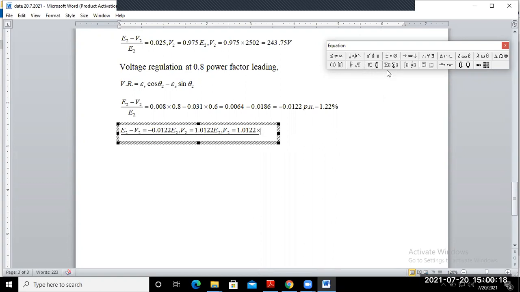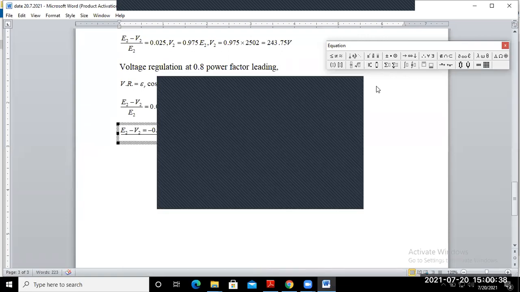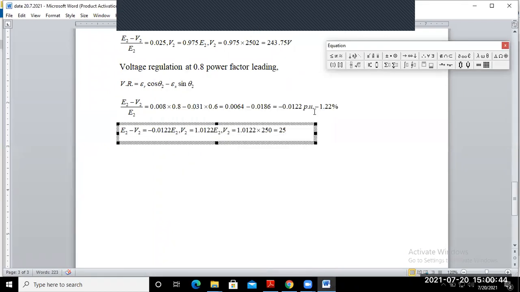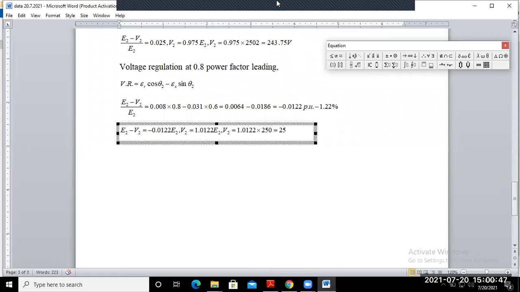Okay, so that is equal to how much? 253.05 volt. Okay.